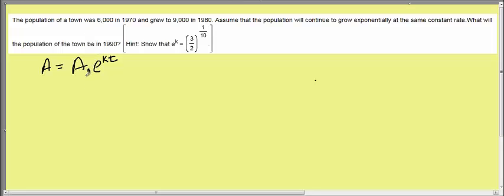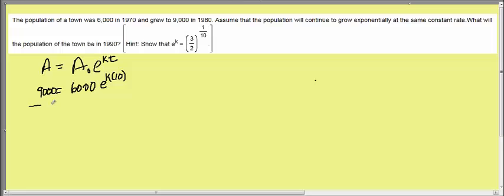It doesn't matter how that's written, but there's an e equation. So basically we're saying that in 1970 we start with 6,000, and at 1980 we are at 9,000. So we have e to the k times 10. And this is how they're getting this relationship here, by using this equation.